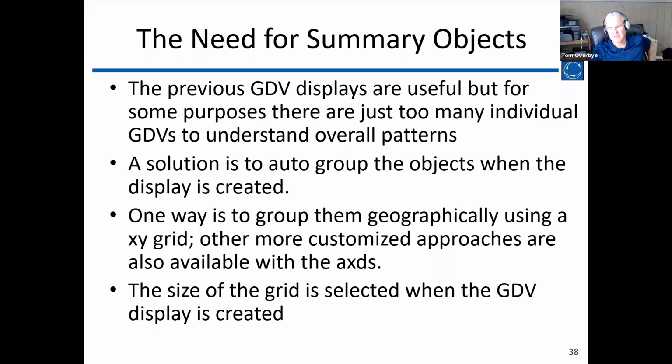So then the question is to say, well, okay, how do I group the elements? We set it up so that there's support for the AXD files, so you can customize how you like to group them. What I'm going to show you here is an easy grouping that we use quite a bit, which is to group them geographically based on an XY grid.